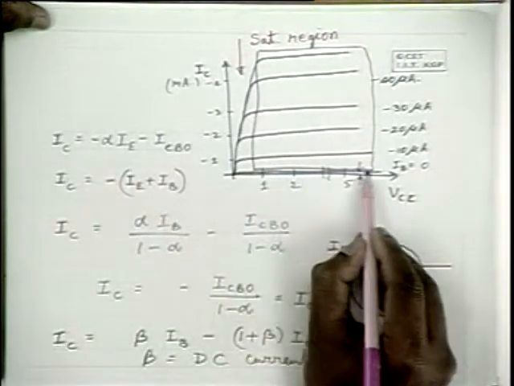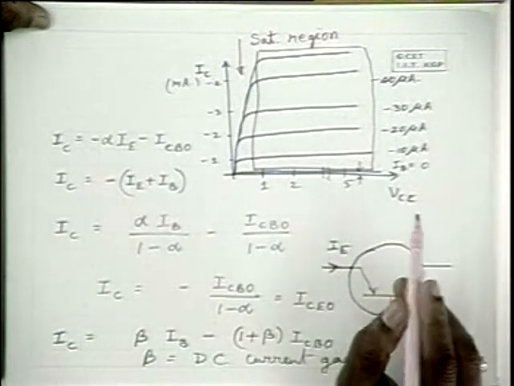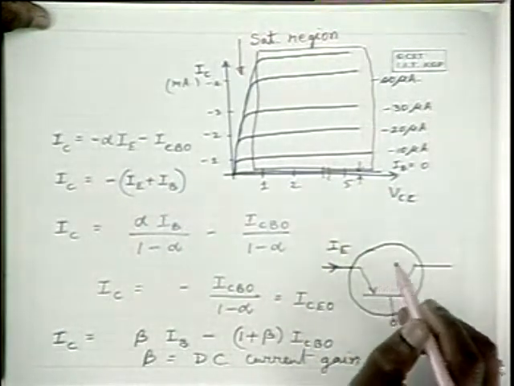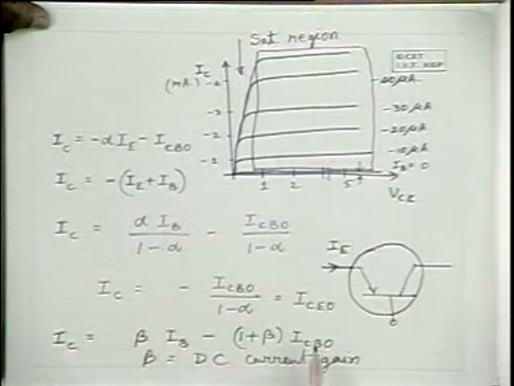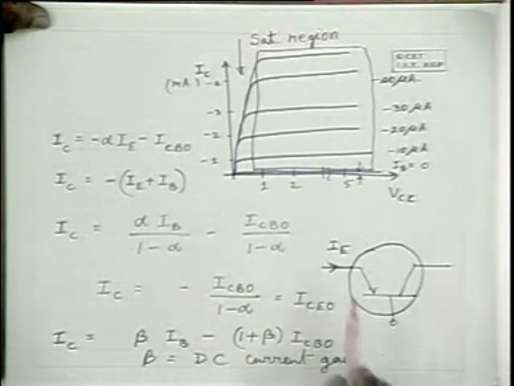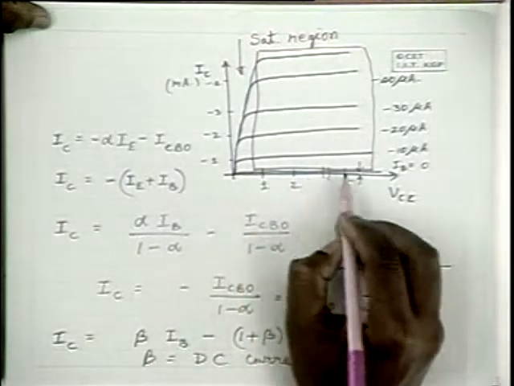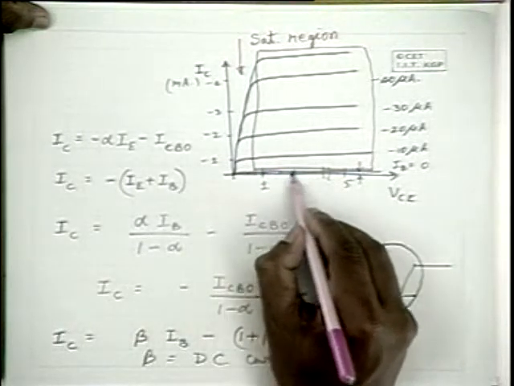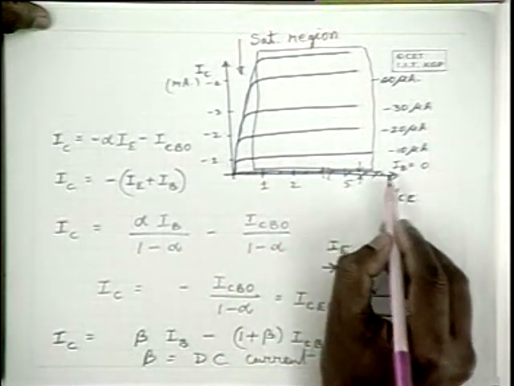And here, when IB is equal to 0 or below, IC is almost 0. It is a small quantity, equal to ICO. Therefore, this region is known as the cutoff region.